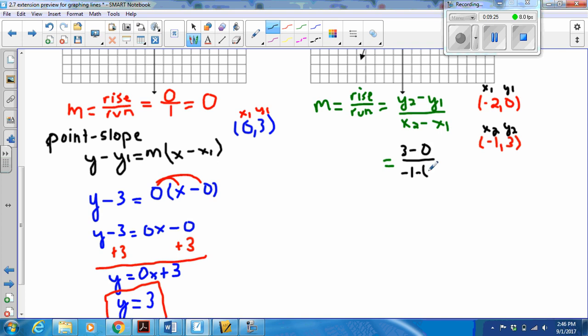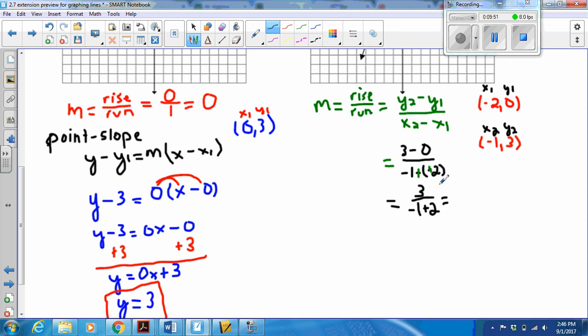Now in this case, as you can see, we have 2 negatives. Remember, 2 negatives make a positive, so we make this plus, and then we have a positive 2. So now writing this, we have equals 3, because we did 3 minus 0 to give us 3. Then we have negative 1 plus 2.